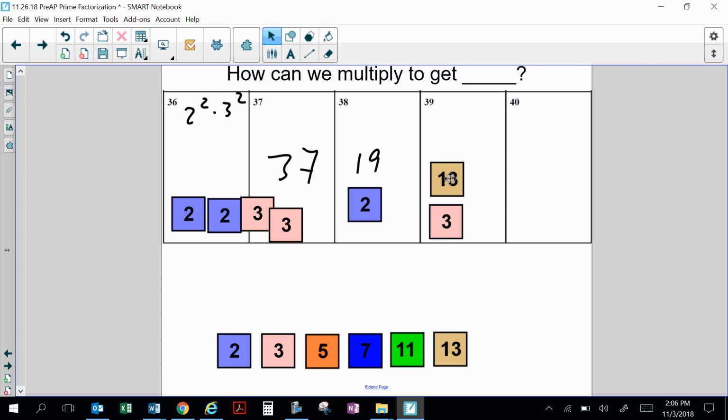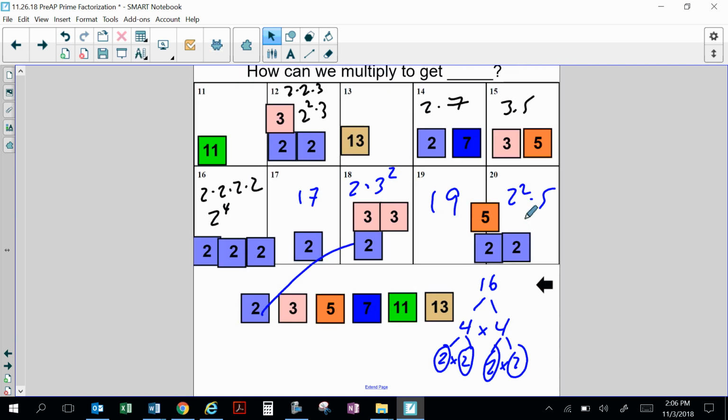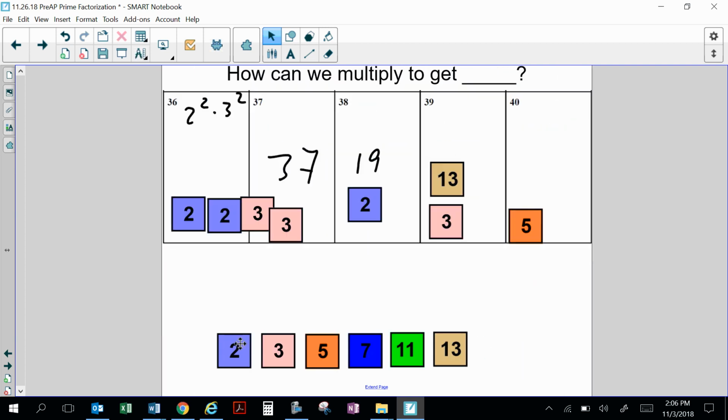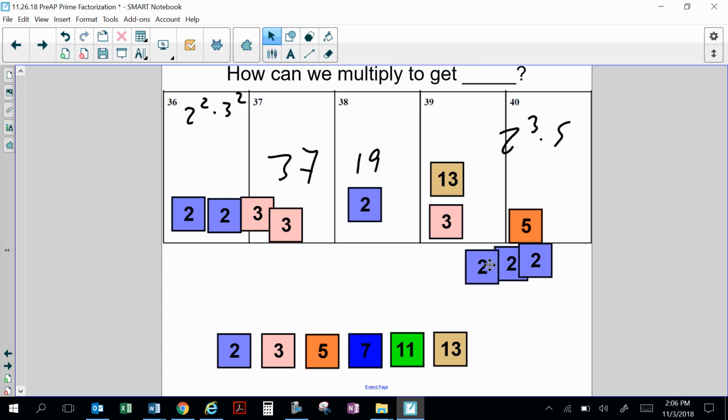And the very last one, 40. How can I represent 40? 5 times 8. So 5, and I forgot how to break down 8. 8 is represented by 2 times 2 times 2. So, dot, dot, dot, how would you write it with an exponent? 2 cubed times 5. But what are different ways you can say 40?